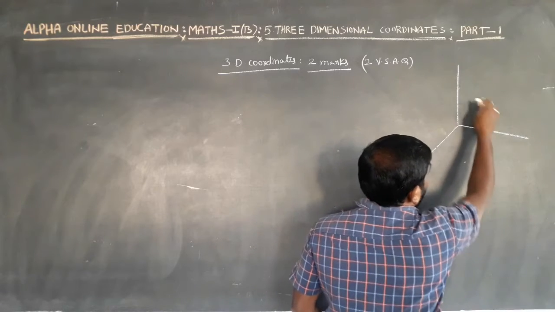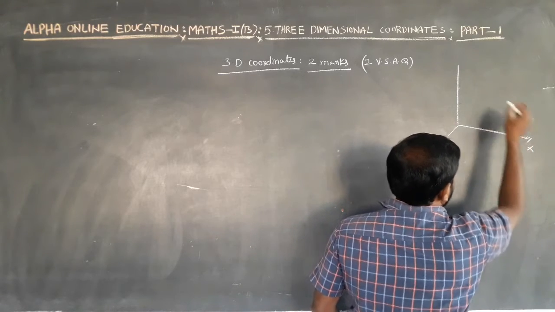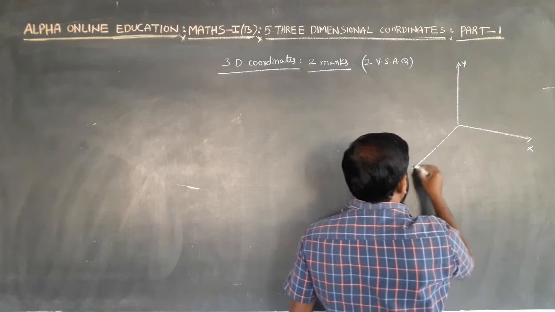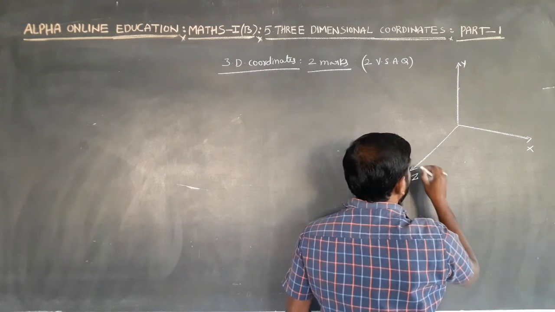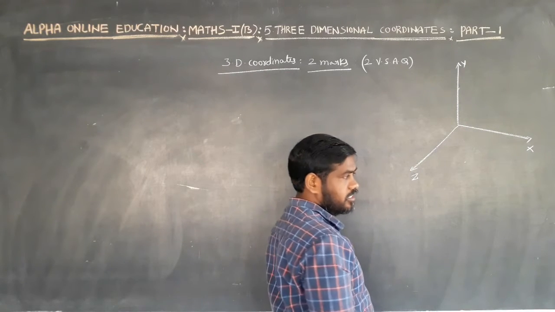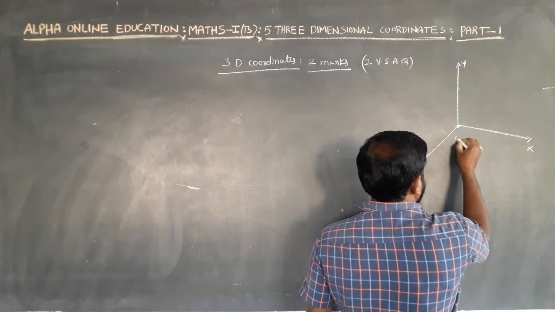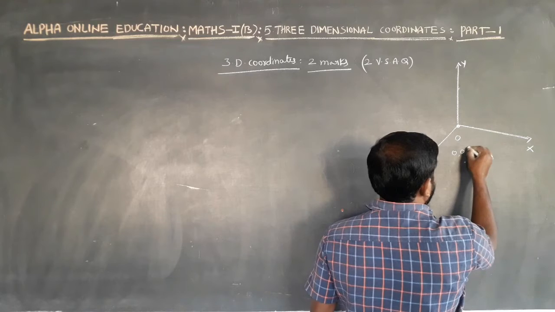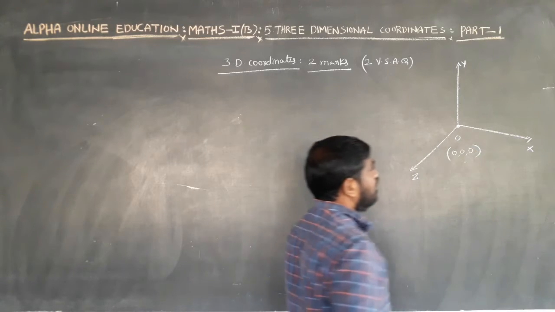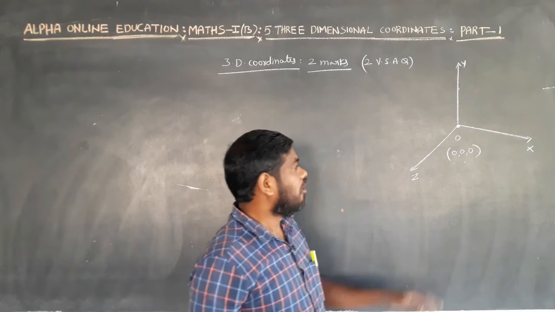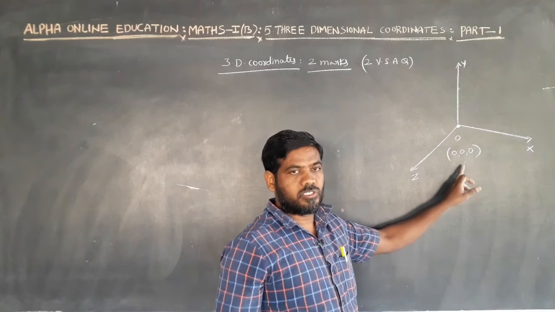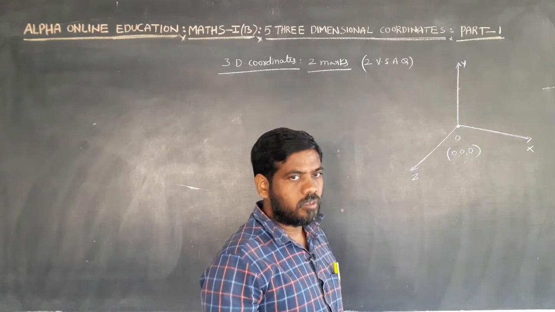This is the plane, this is the x axis, this is the y axis, this is the z axis. The point of intersection of the coordinate axes is called the origin, 0, 0, 0.